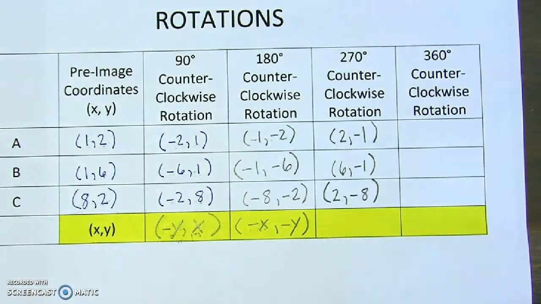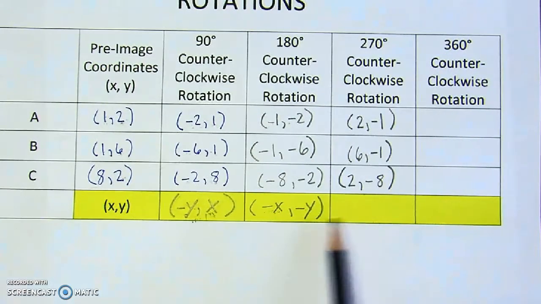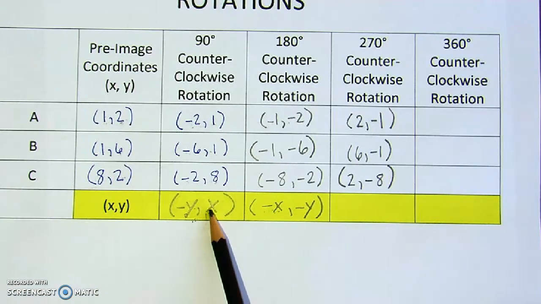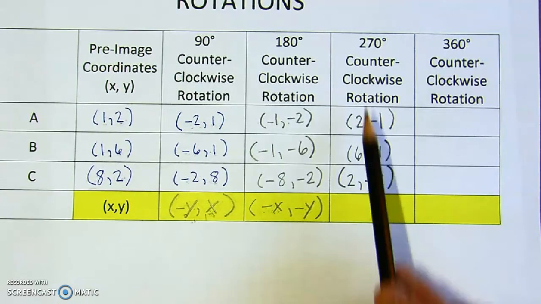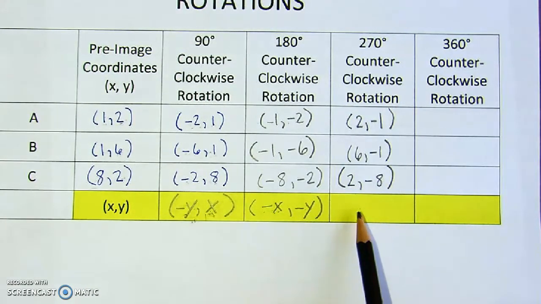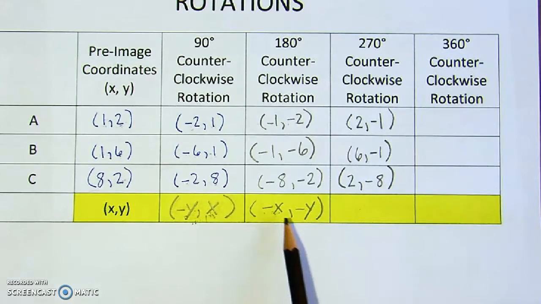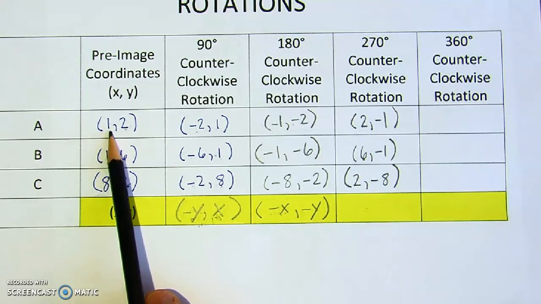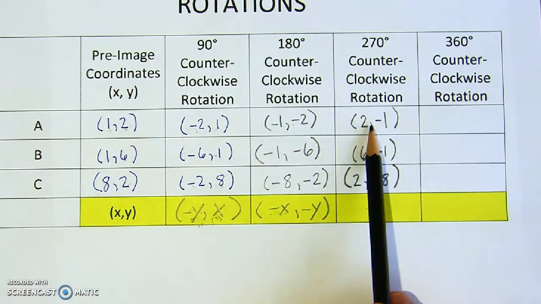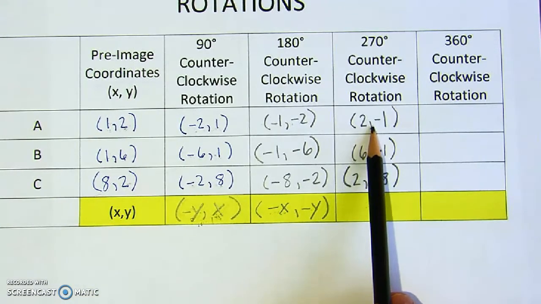All right, so once again, we're looking for this rule right here. We've already figured out what it is for a 90-degree counterclockwise and a 180-degree counterclockwise. Now we're going to try and figure out what the rule is right here, and it'll be different from these. So once again, you're going to want to compare this coordinate right here, 1, 2, to this one, 2, -1.